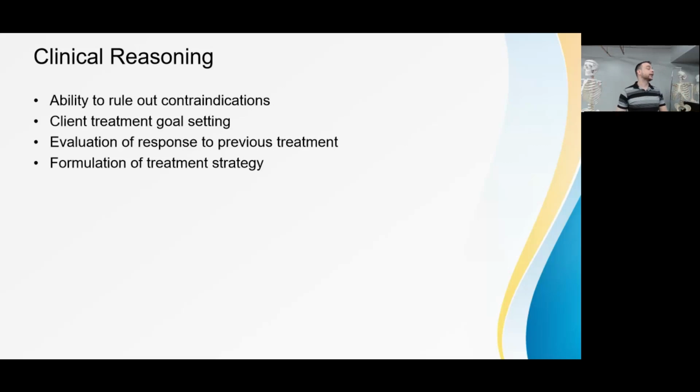The ability to rule out contraindications, by understanding the benefits and effects of massage, which is another category of the MBLEX, alongside the pathologies of the body. Then we need to rule out, in a clinical sense, do these two things line up? Can they be beneficial to each other? Or do I have cause for concern to either avoid doing this or avoid the massage completely and refer the client to a specialist?